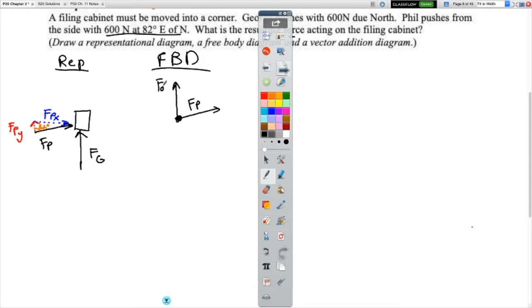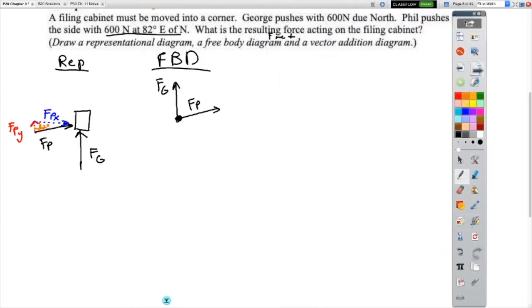Okay. Does George's force also have x and y components? Truthfully, yes. Every vector has x and y components. It's just sometimes the x or the y components might be 0, right? So in the case of George, it still technically has x and y components. It's just that George's x component is 0, and his y component is all of his force. F George is all y. Okay.